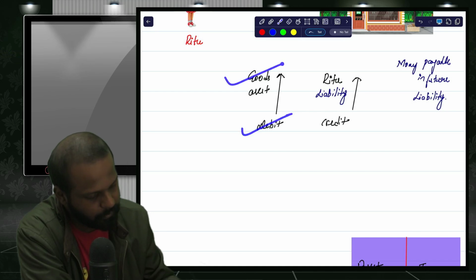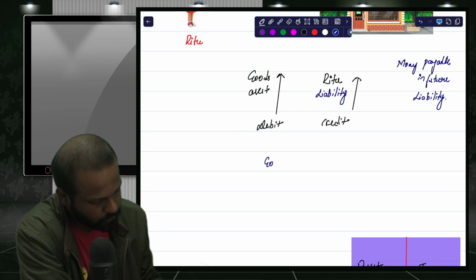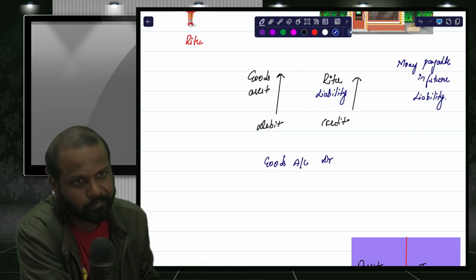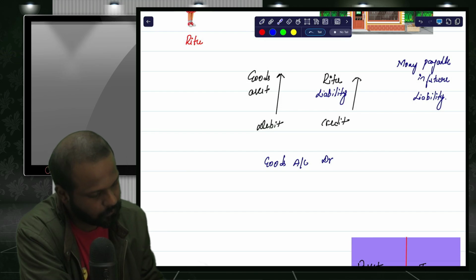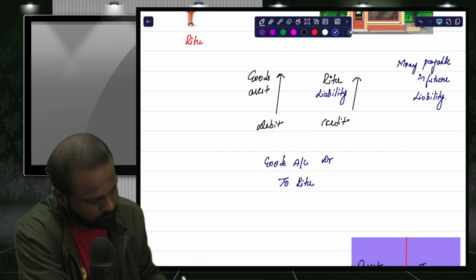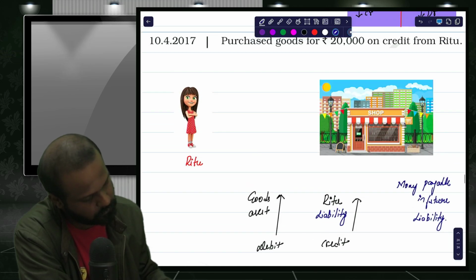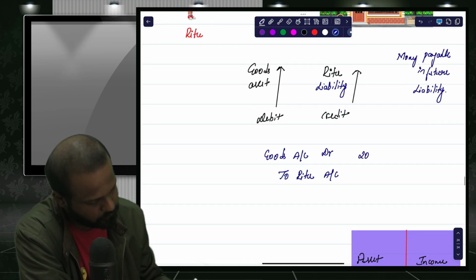So your debit will be goods. So goods account debit. Credit will be Ritu. To Ritu account, 20,000.